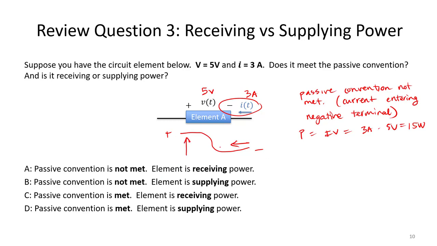So if we draw our water wheel, you can see this element A is going to have to supply power because this 15 watts must push element A up. So in this case, our passive convention is not met, and therefore, since our power is positive, the element must be supplying power.